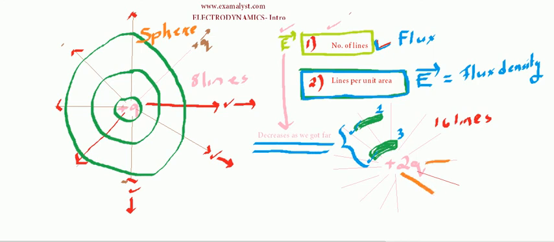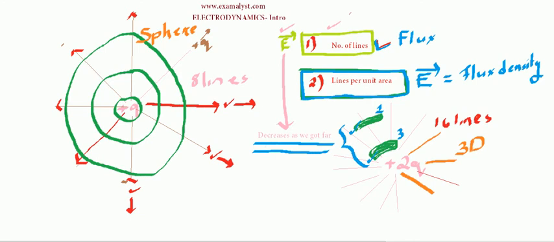They come out in all directions, which means I'm actually talking 3D, not 2D. On the board you can see everything is 2D, but actually I'm talking of 3D. So the total number of lines is coming out in all directions.